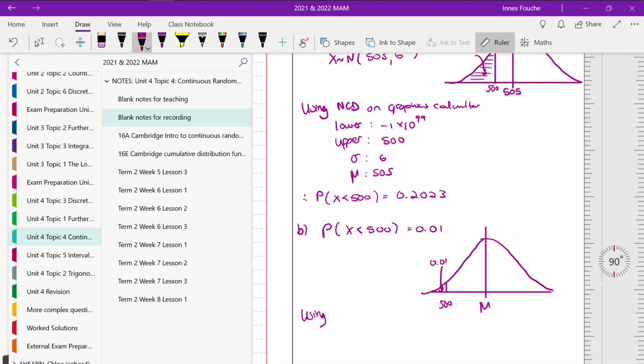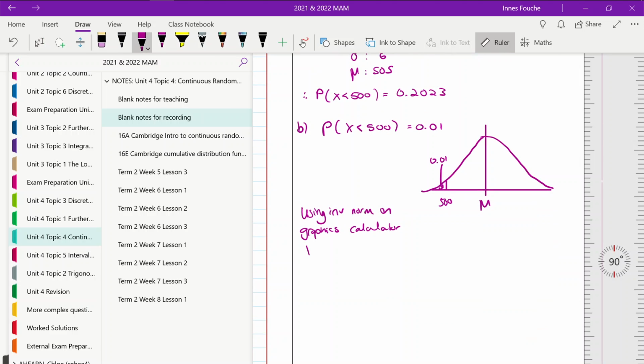So using inverse normal on the graphics calculator, and you can see there we have a left tail. So our tail is left. Our area is 0.01. Now remember, we have to go back to our standard normal. So sigma is 1, mu is 0. And let's pop it in our calculator.